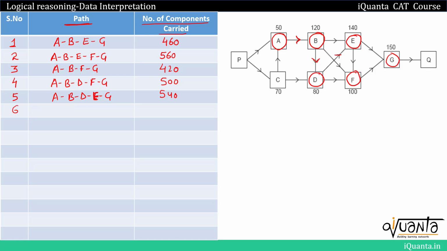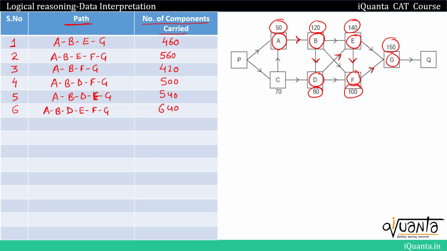D, E, F and G. So A, B, D, E, F and G. Add the number of components at each location. 50, 120, 170 plus 80, 250 plus 140, 390 plus 100, 490 plus 150, 640. So this will be 640.